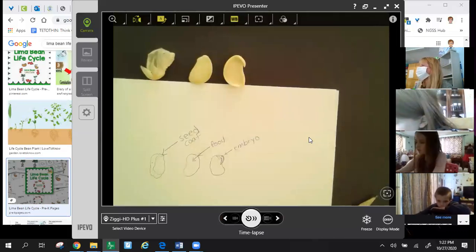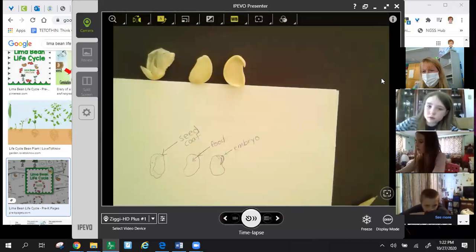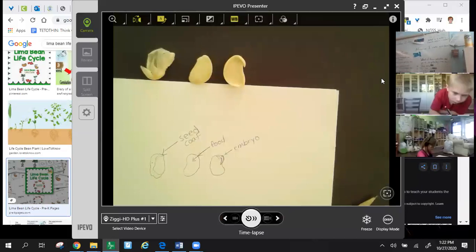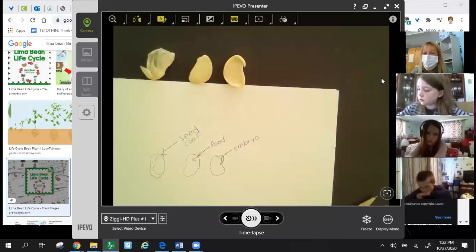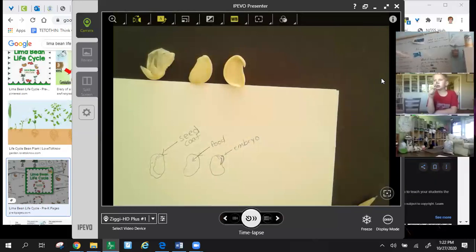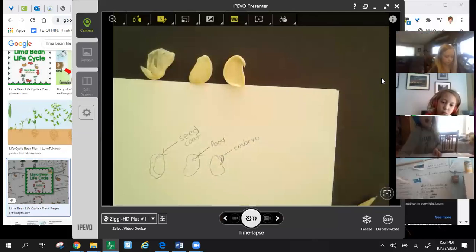So if I can have you be doing your job in your science spiral, that would be awesome. Charlie, did you have a question or comment? You can unmute. I don't even see him on there anymore. Maybe he had to leave. Honey, draw a picture. Ben, right now. Do it right now, please. Thank you. I see two people have their hands up.